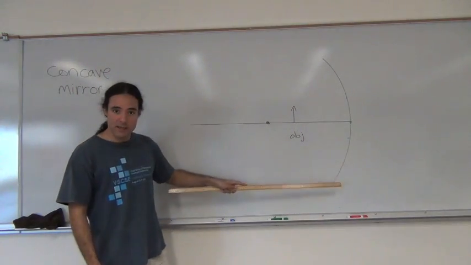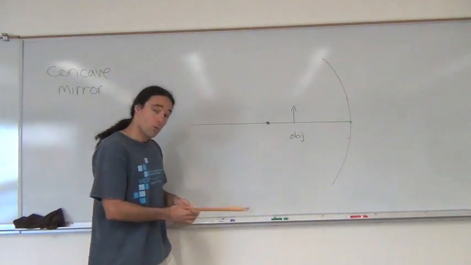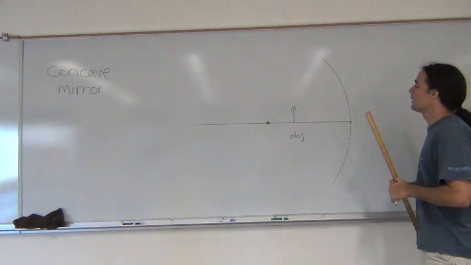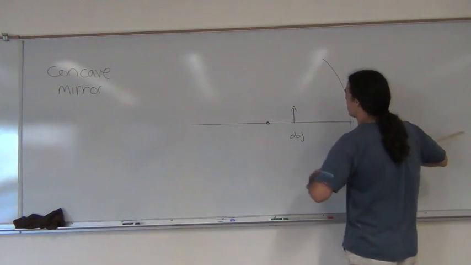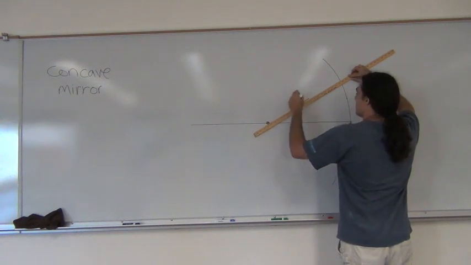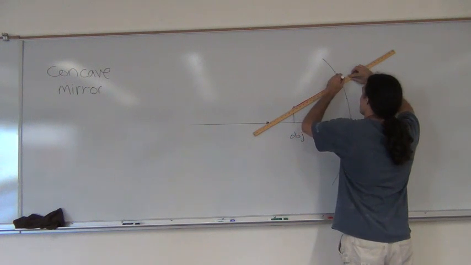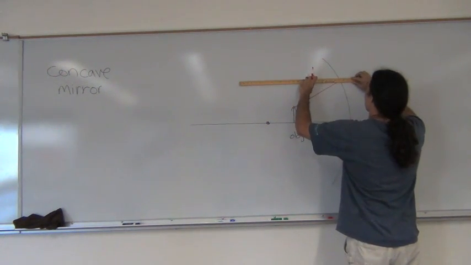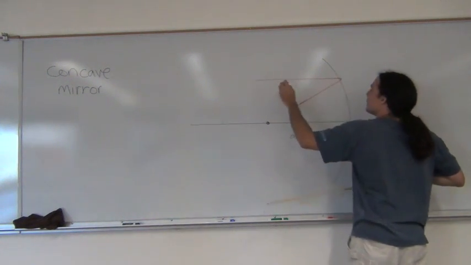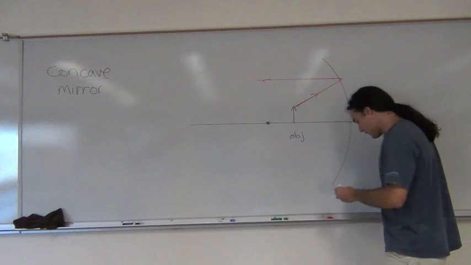What happens if I have a concave mirror where my object is in front of the focal point? Well, again, let's just use ray tracing to figure out what's going to happen. So my first ray, let's send that in. It's going to appear to be coming from the focal point. And then it's going to bounce back horizontally. Comes in like this, bounces back horizontally.